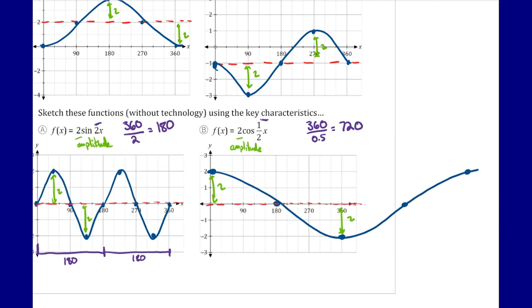It's now at 180. This point here should be at 180. Now it's at 360. So all of my x values doubled, which makes sense because we've stretched our sine wave so that each cycle takes double the amount of time.